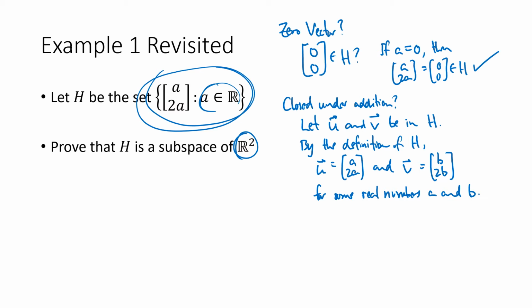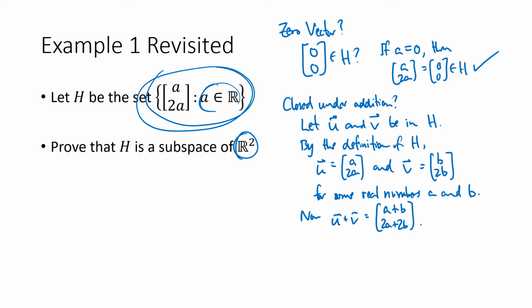Now that I've got two generic vectors out of this set H, I can add them together and see if what I get is an element of H. So U plus V, if I add them together, I get A plus B, 2A plus 2B. Is that in H? Well, what do you have to do to get into H?